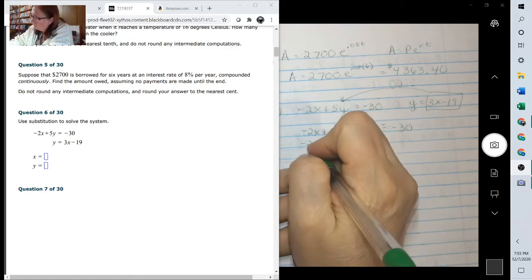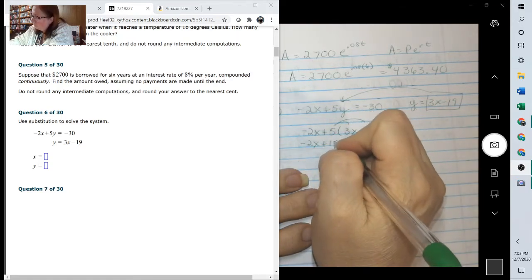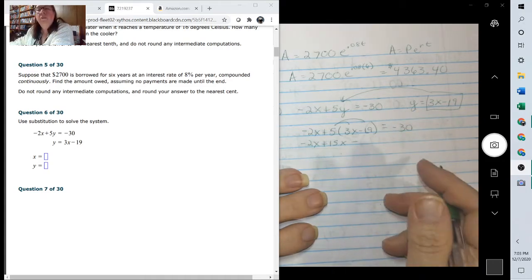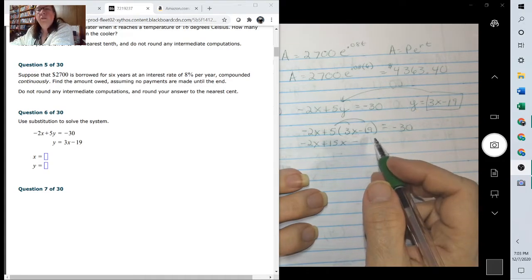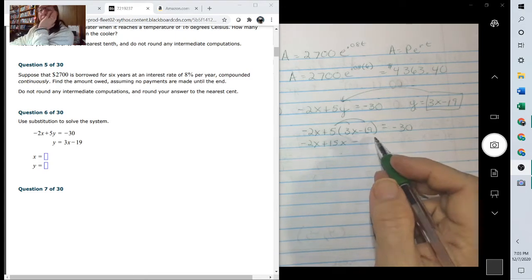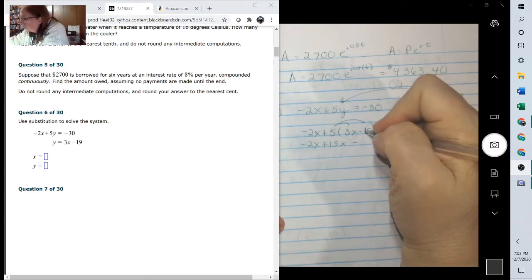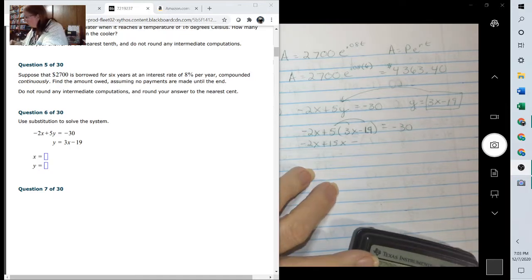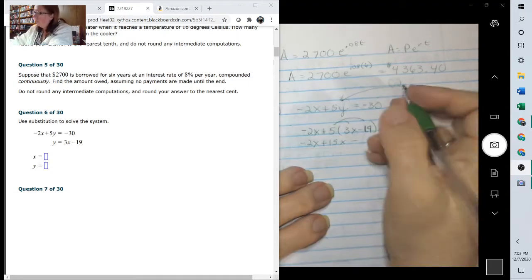Distribute. That is a 19. Five times 19 is 95, and it will be negative.